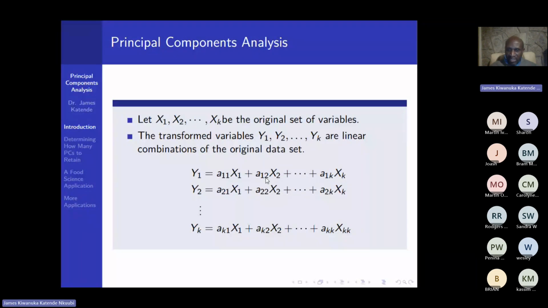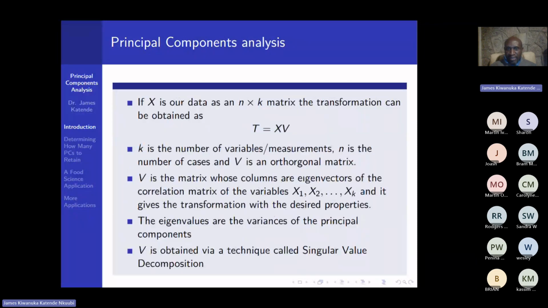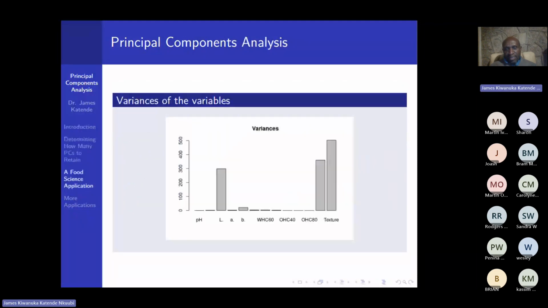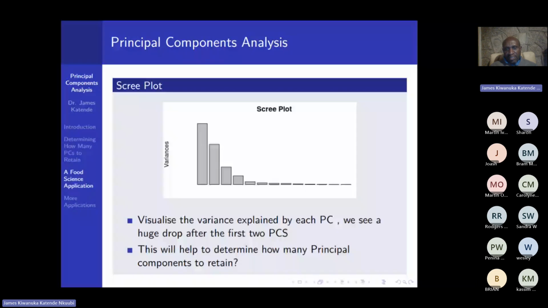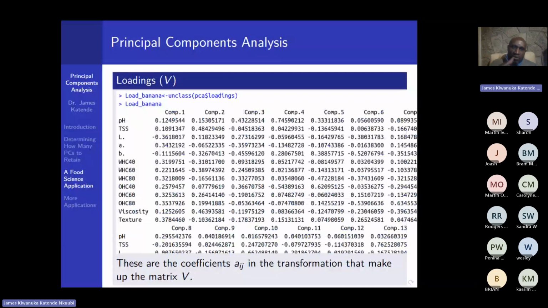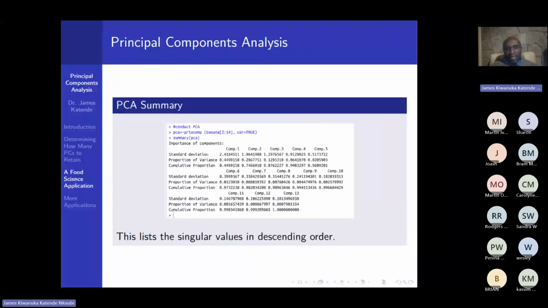There'll be 13 of these coefficients for each new variable. So those are the ones that appear in this table. Here they are. You can now pull them out as loadings. There are other packages that can do principal components analysis, but this one is simply based on the one that comes out of the box in R. You don't need any new package to run this.